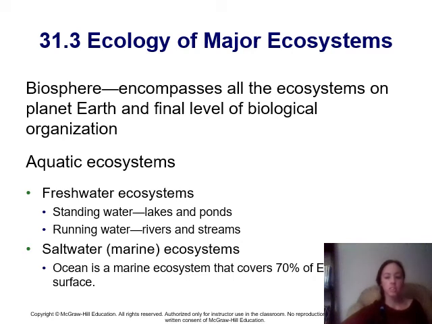Aquatic ecosystems include lakes, ponds, rivers, streams, and the ocean. The ocean covers 70% of the Earth's surface. Water ecosystems are further divided into coral reefs and estuaries, which are areas where freshwater rivers are flowing into the ocean. The mixture of fresh and salt water is called brackish water.